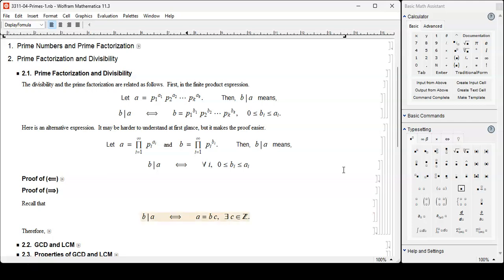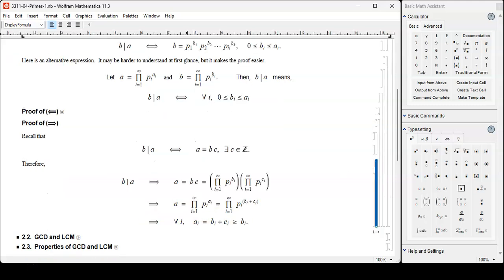Recall that B divides A means A can be written as B times C. And then we're going to apply the prime factorization theorem, or the fundamental theorem of arithmetic, to A, B, and C. So B can be written like this, C can be written like this, and A can be written like that.